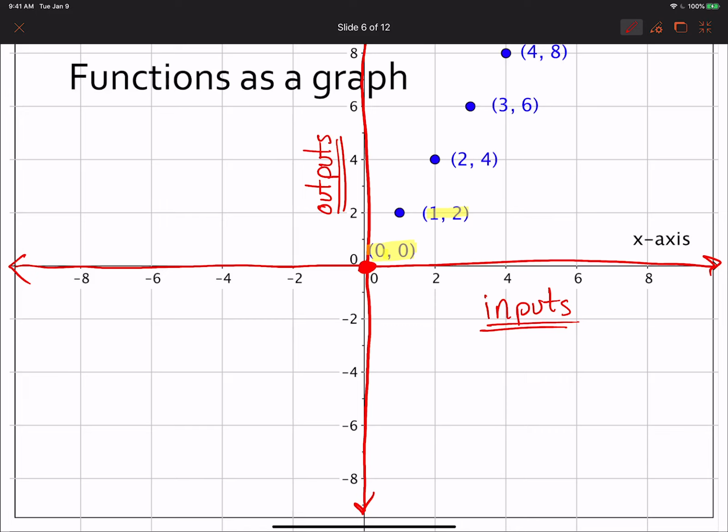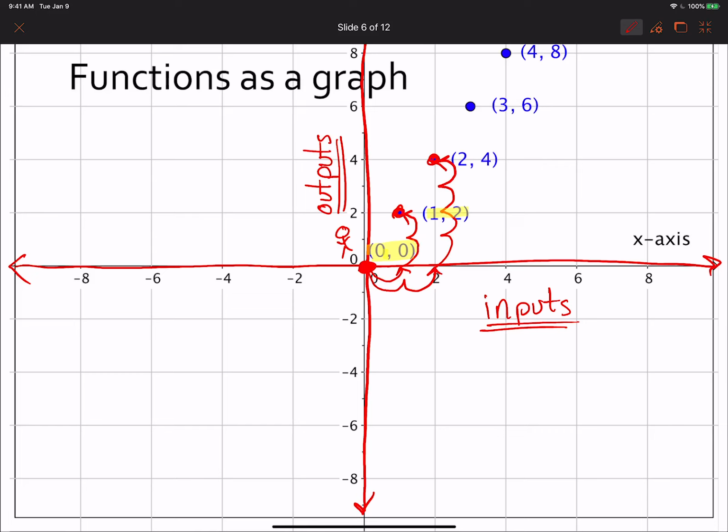It's like we started here and we marched over 1 space to right here. And then when we were here, we marched up 1, 2 spaces to get to this point here. Same thing here. We march over 1, 2 spaces, and we march up 1, 2, 3, 4 spaces.